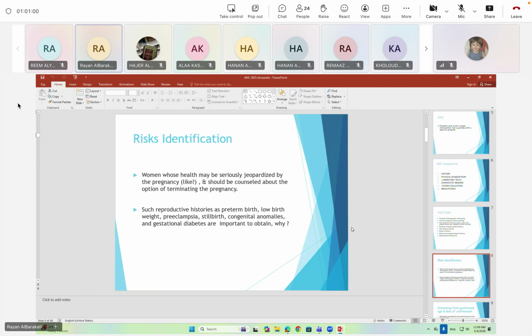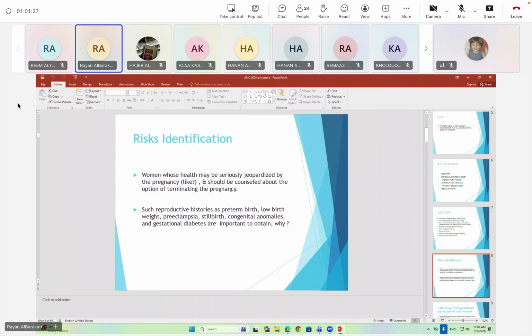When we go for risk identification, from the history, we will identify women whose health may be seriously jeopardized by the pregnancy. Here we might recommend even that pregnancy might be seriously affecting the patient's health or even survival, so it can lead to maternal mortality.